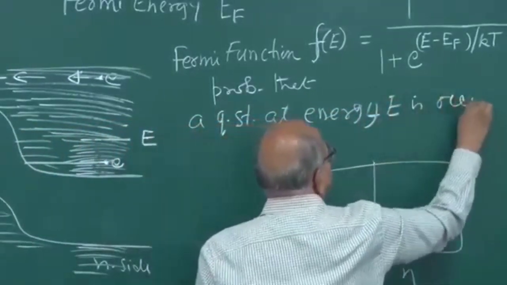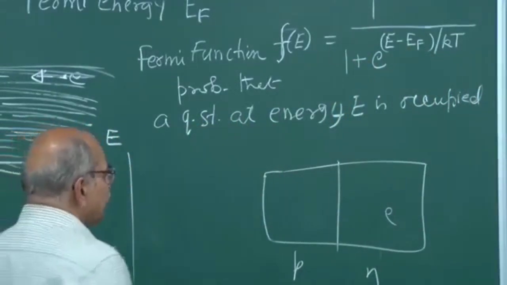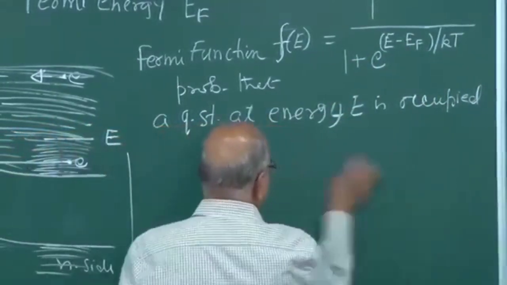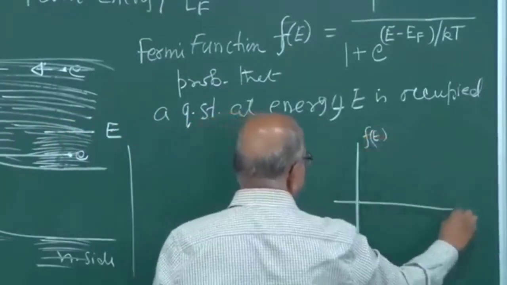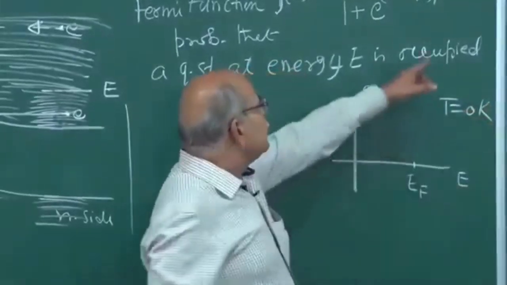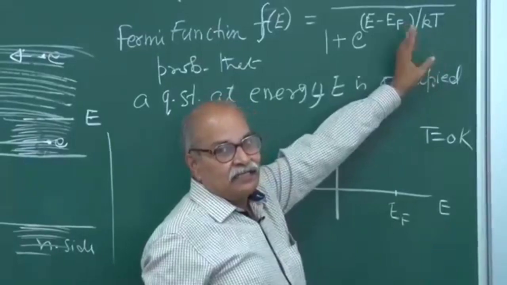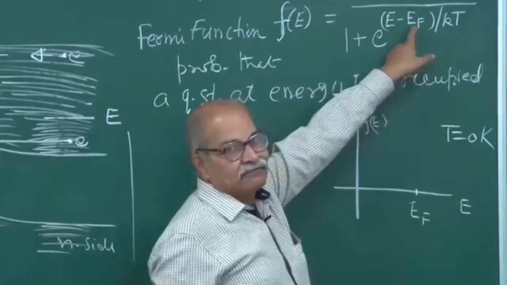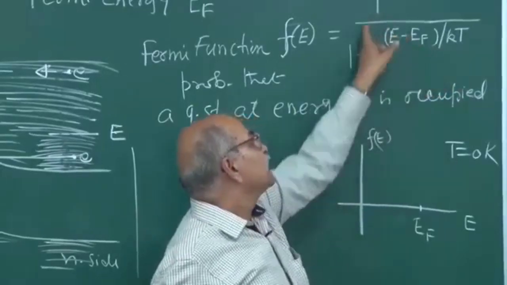Now if you plot this function, first let us plot it at T equal to 0, capital T equal to 0, and see what happens. If you plot this function, f(E) here and E here, and suppose this is EF, and suppose T is 0. So if T is 0 and this is in the denominator, this will be infinity. And if E is less than EF, it will be e to the power minus infinity, and e to the power minus infinity is 0, so this function will be 1.